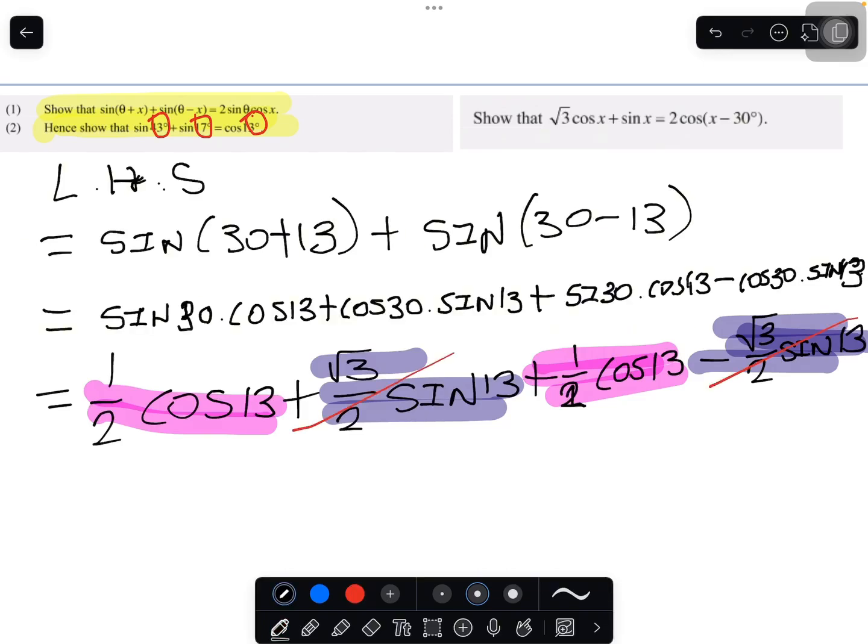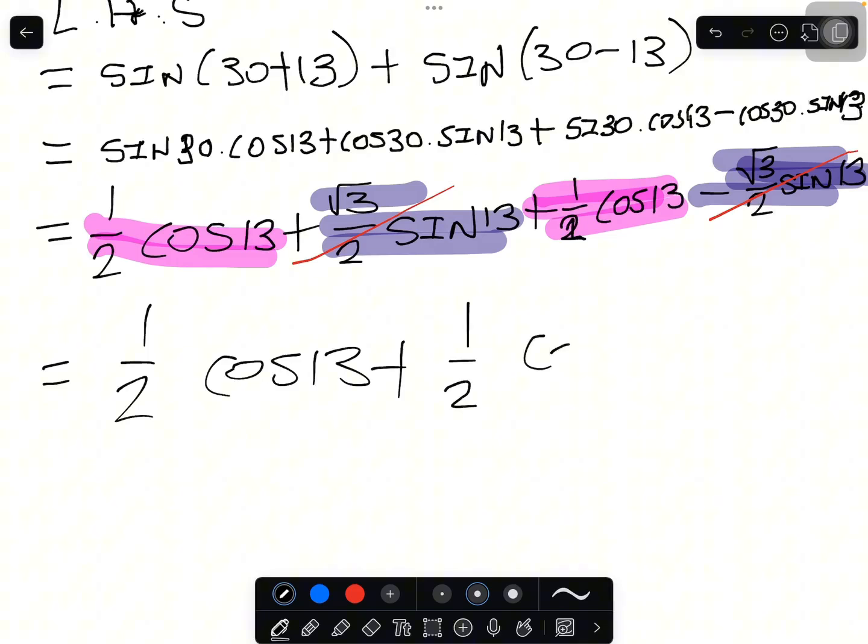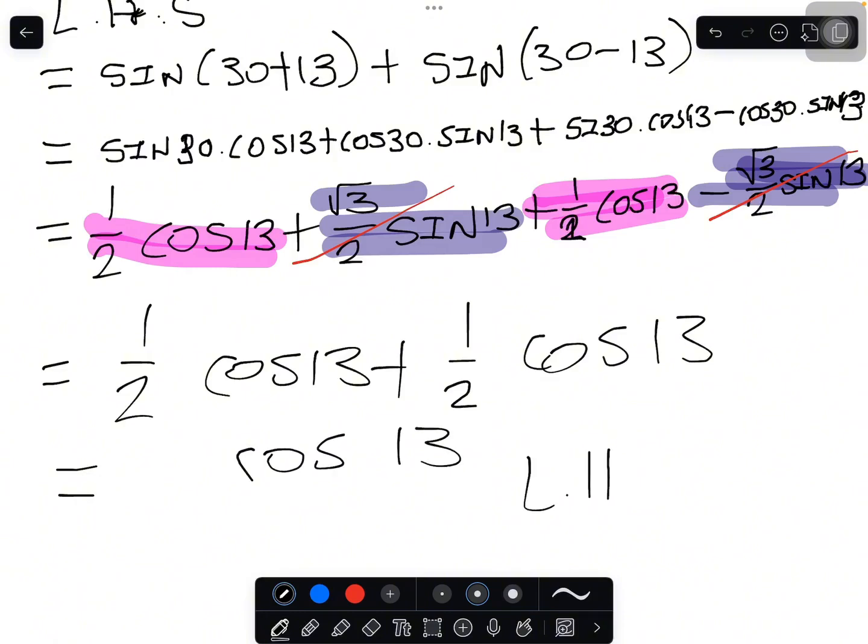And now we're left with a half cos 13 plus a half cos 13, and this now equals just cos 13. So our left hand side equals our right hand side.